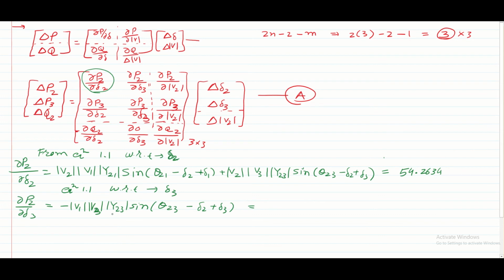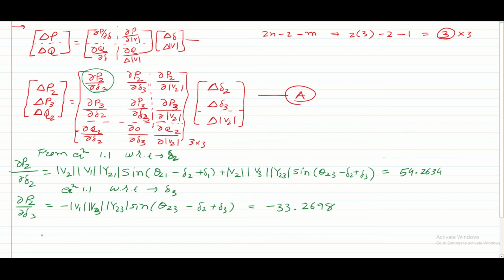After substituting all the values, you will get minus 33.2698. Okay. Now similarly, I will not write all the equations.